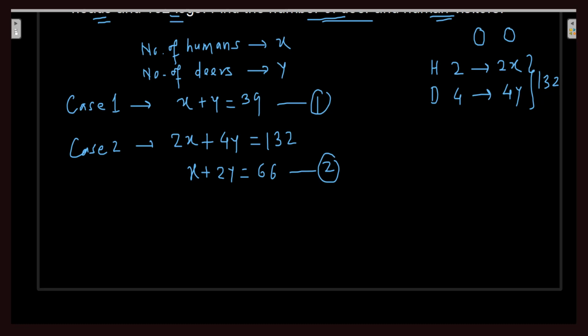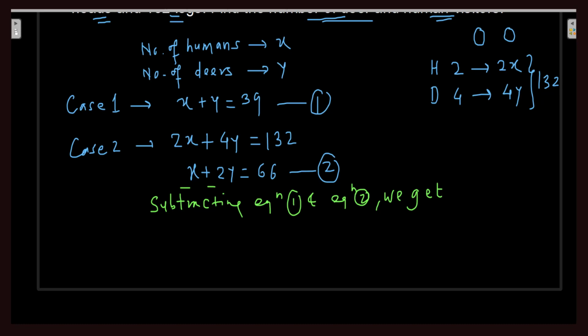So subtracting equation 1 and equation 2, we get that x will get eliminated, the signs will change.